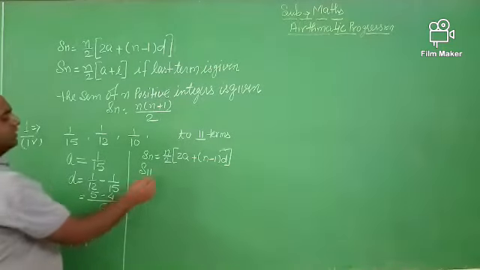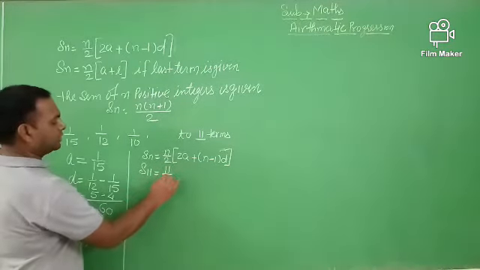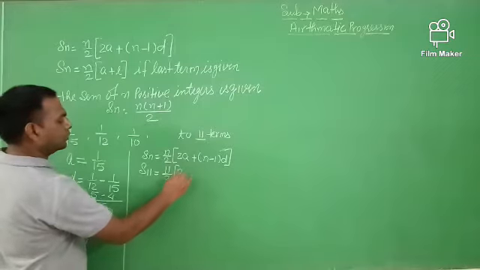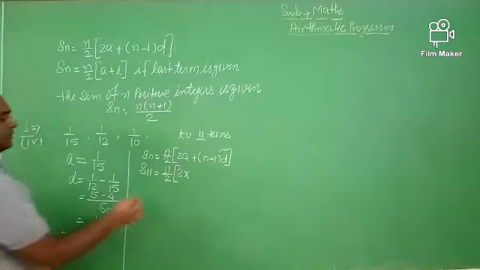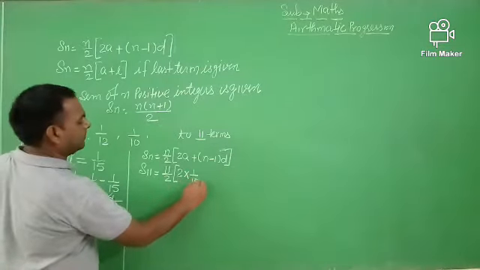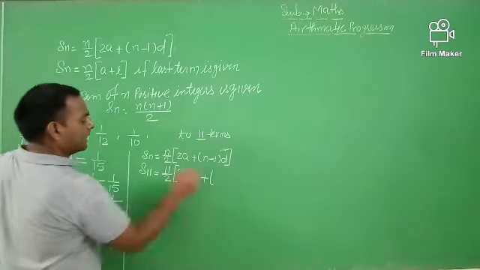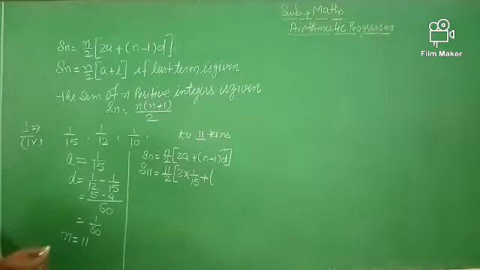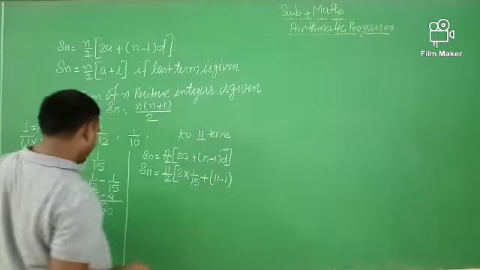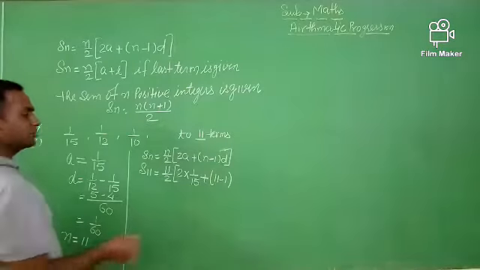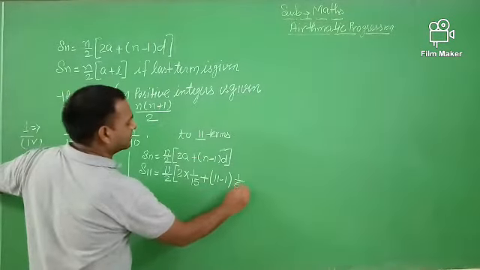So S11 is equal to 11 by 2 [2a. Here the first term a is 1 upon 15, so this is 2 into 1 upon 15, plus (n minus 1), it means number of terms, 11 minus 1, into d. d means difference, the difference is also given, 1 by 60.